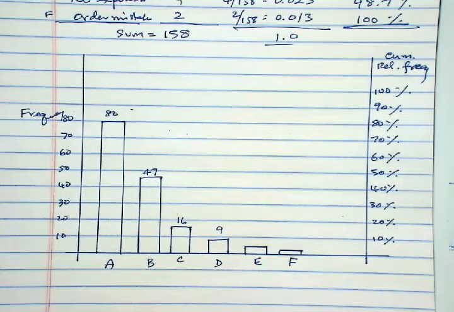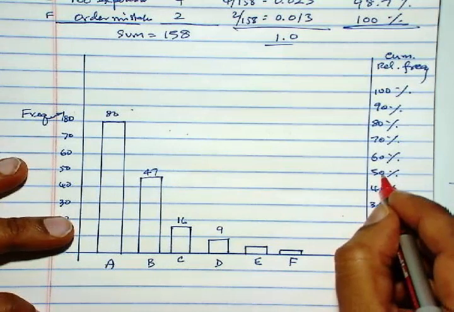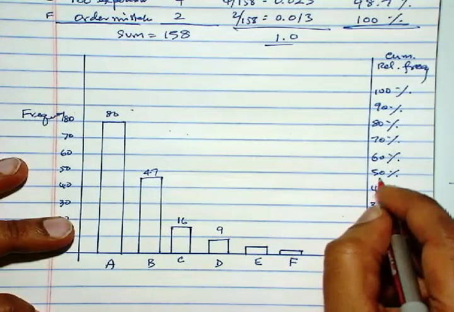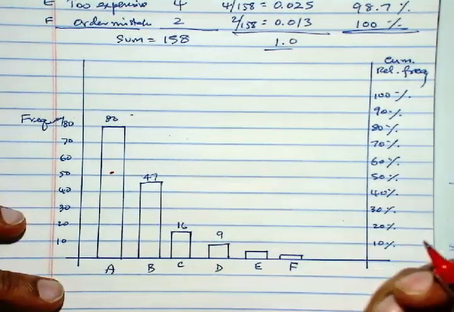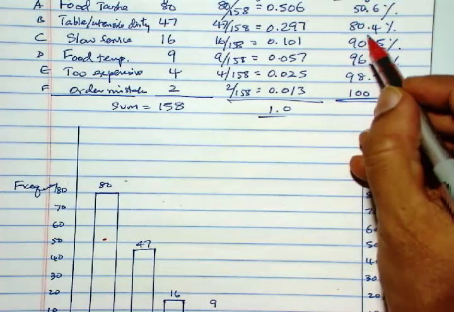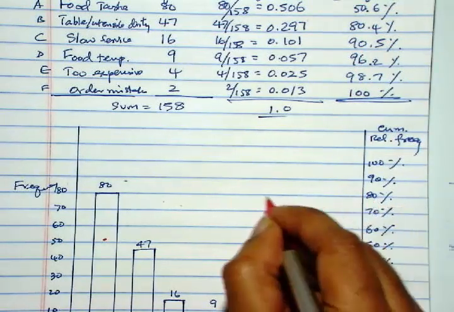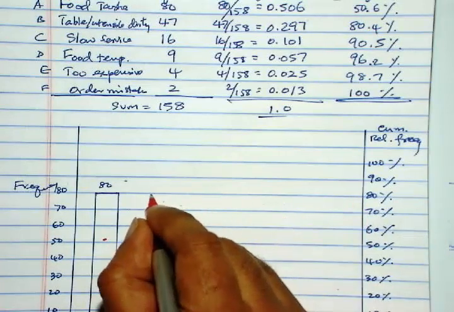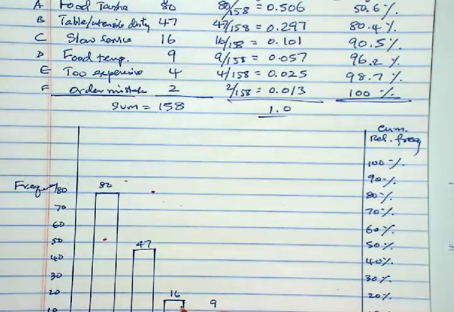Okay, next let's draw the cumulative frequencies. The first one is 50.6, so it'll be about there. B is 80.4, so it'll be 80.4 about there.